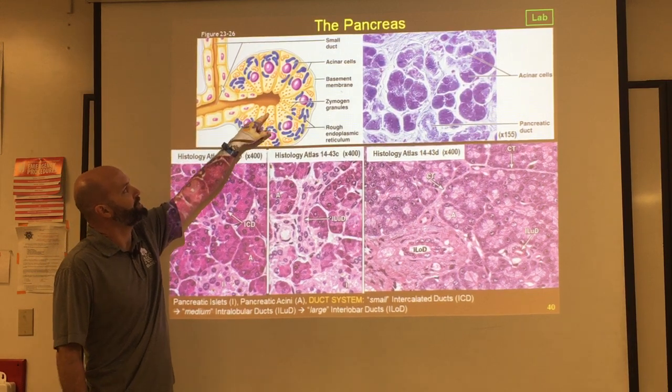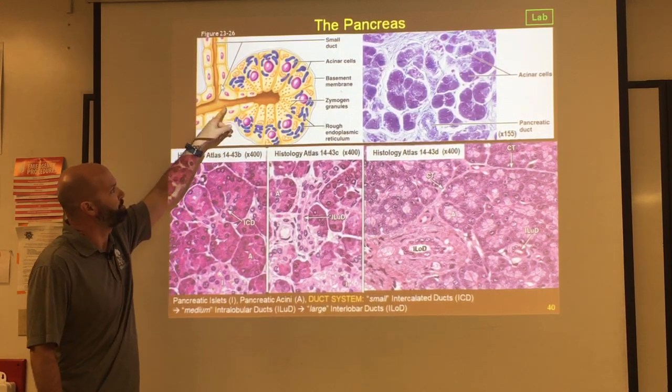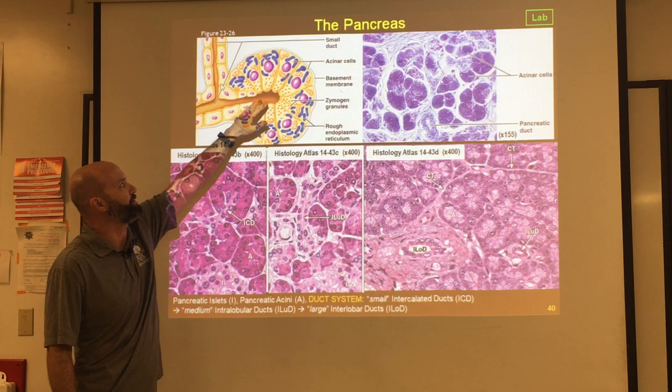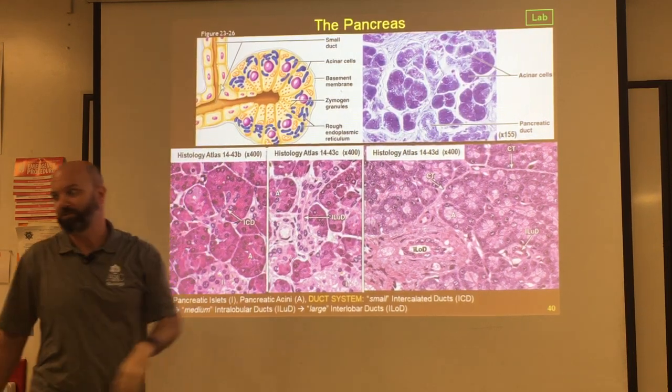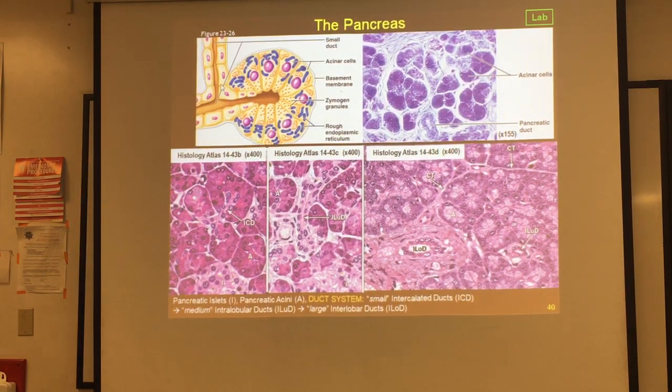So the enzymes come from the acinar cells, the bicarb comes from the duct cells, it all mixes together and travels through the duct system and eventually into the duodenum. Together, the duct cells and acinar cells produce about 1 liter of pancreatic juice each day.